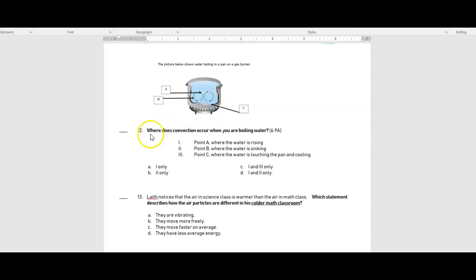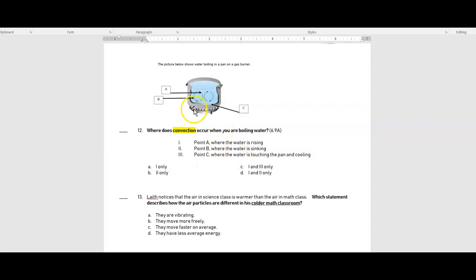Okay, so number 12, where does convection, so you want to highlight convection, occur when you are boiling water? So at point A, at point B, at point C are your options, 1, 2, and 3.